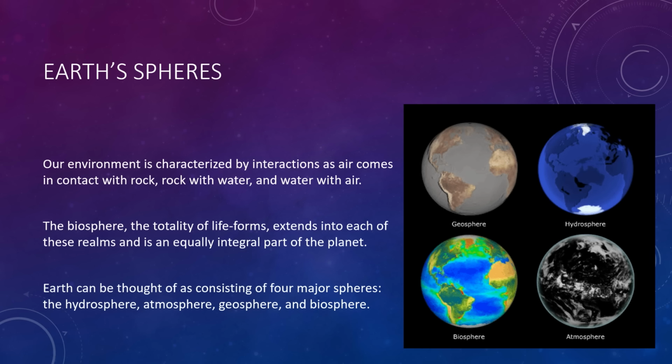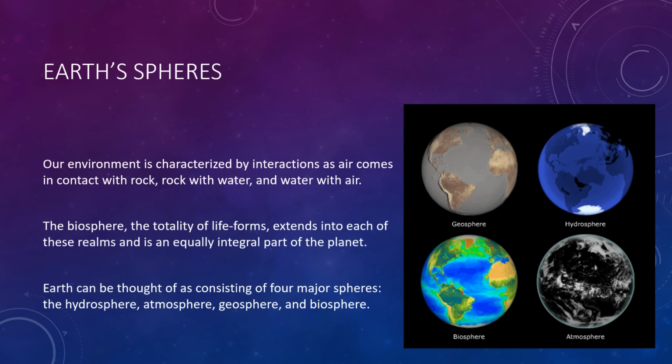Well, bringing it back home, we have to consider some of the Earth's spheres. So our environment is highly integrated and is not dominated by just rock, water, or air alone. It is instead characterized by the continuous interactions as air comes into contact with rock, rock with water, and water with air.